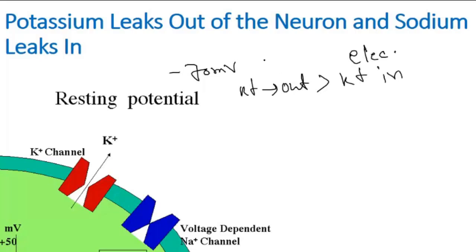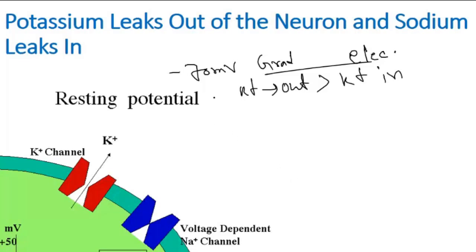Now the net force on potassium is small, but the neuron is very permeable to potassium. As a result, a small amount of potassium still moves continuously out of the neuron.